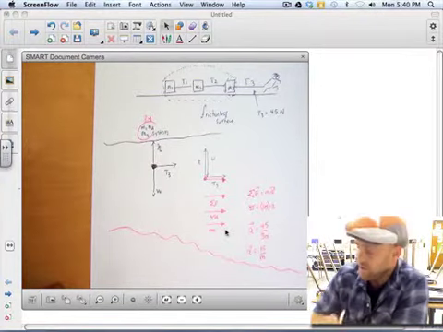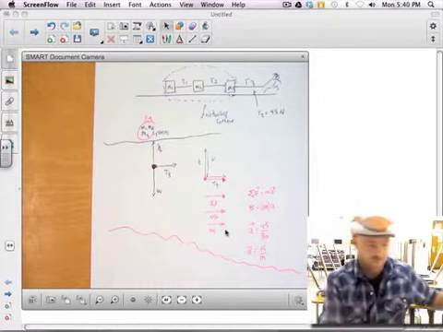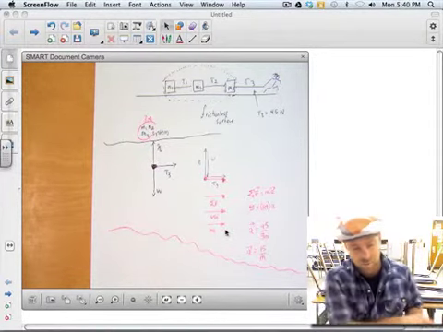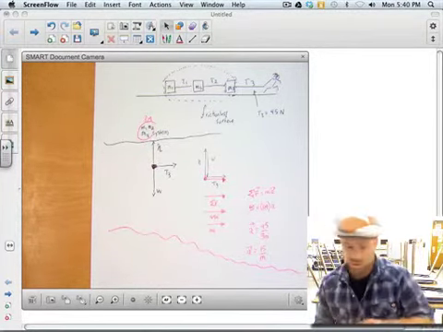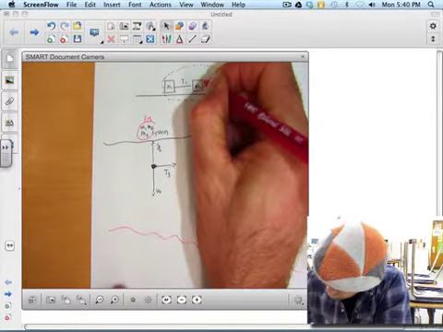So maybe I should try to figure out what I can figure out from a different system. If I combine m1 and m2, that would be these two here.